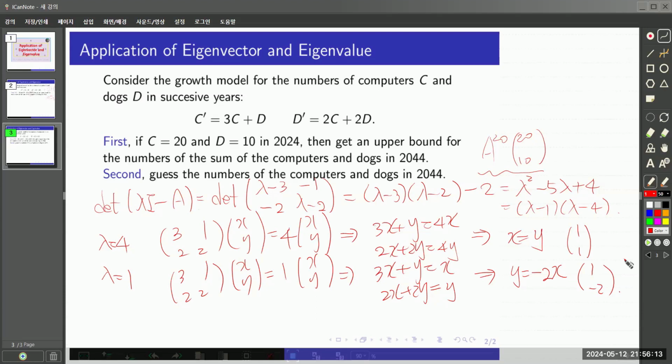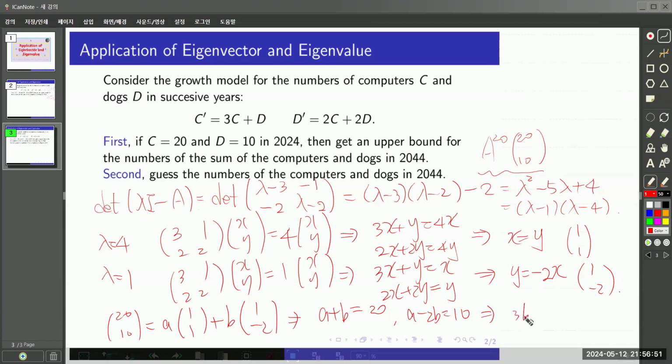Now you can express the vector (20, 10) as a linear combination of the eigenvectors. (20, 10) equals a times (1, 1) plus b times (1, negative 2). Then you will have a plus b equals 20, and a minus 2b equals 10.